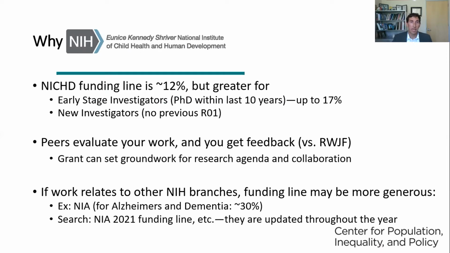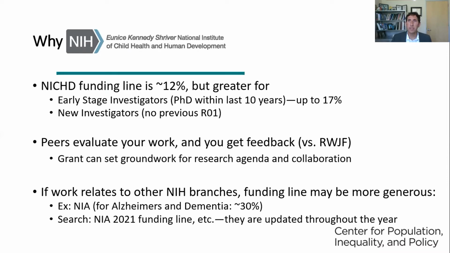The other thing that I would say differentiates NIH from some other funding agencies is that you know who will evaluate your work, and they have names. These people give you feedback because they're your peers. This contrasts starkly with, say, Robert Wood Johnson Foundation. I've always found that foundation to be very opaque in terms of how they review the grant, and they almost never give you feedback.